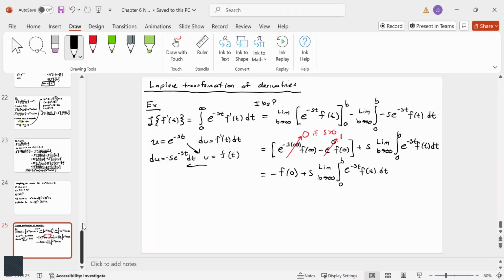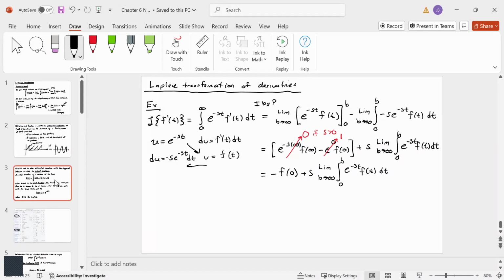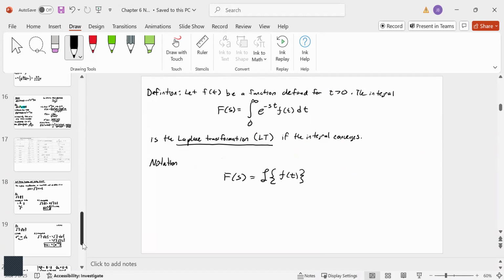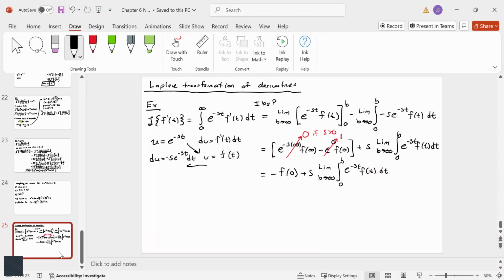And if you look very closely at that and you go back to the very beginning of this chapter, that right there is just the definition of the Laplace transformation, e to the negative st f of t dt. So it turns out that we just have the definition, and so we end up getting this equation.